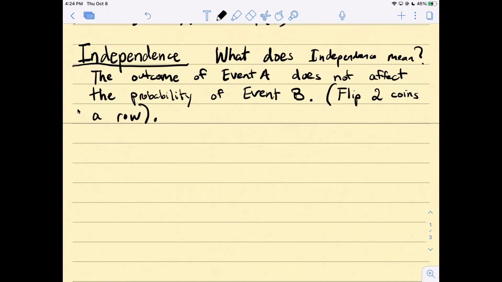Okay. So can anyone formalize or describe this sentence using conditional probability? Can you give me an equation that would use conditional probability? And it's a very, very simple equation.